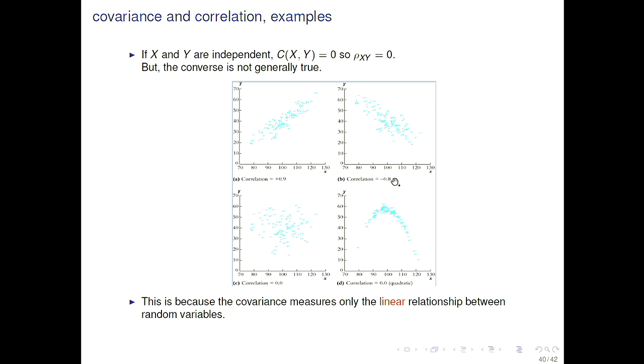Correlation coefficient is -0.8. So this is the case that correlation is 0, right? Looks like there's no visible, obvious relationship. And this last example is very interesting. X and Y seem to be highly interdependent with each other. You know, there's an obvious pattern between X and Y. It turns out that correlation is 0 in this case.